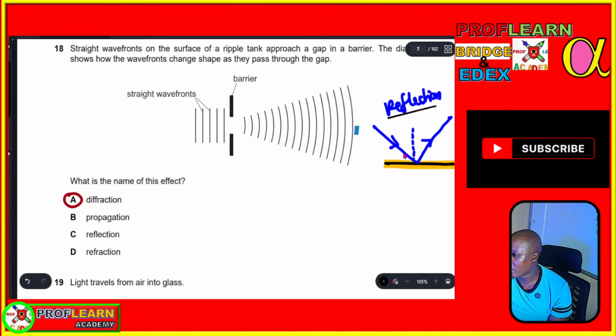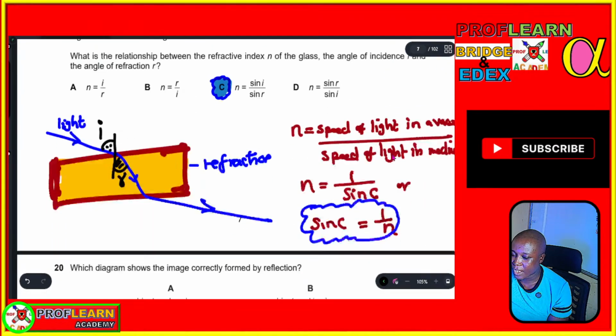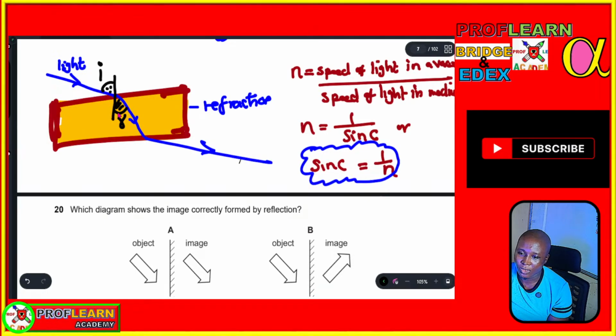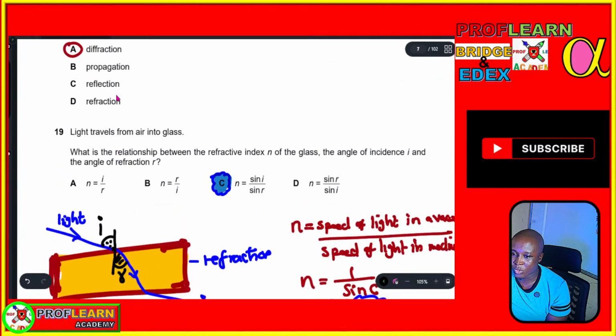This is reflection, and for reflection you need to remember angle of incidence should be equal to the angle of reflection. And down here we have refraction, the bending of a wave as it moves from one boundary to another, and we are going to look at that in question number 19.